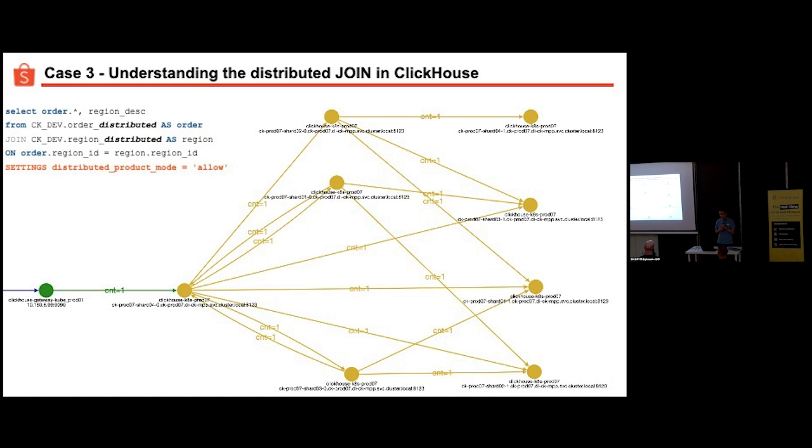And we know that in ClickHouse, the distributed join is very complex. It provides a setting for users to change the behavior of ClickHouse, but it's very hard to explain to users what it is for. But with the distributed log, and this is a graph shown from the distributed log, users know how the distributed join is executed in ClickHouse.